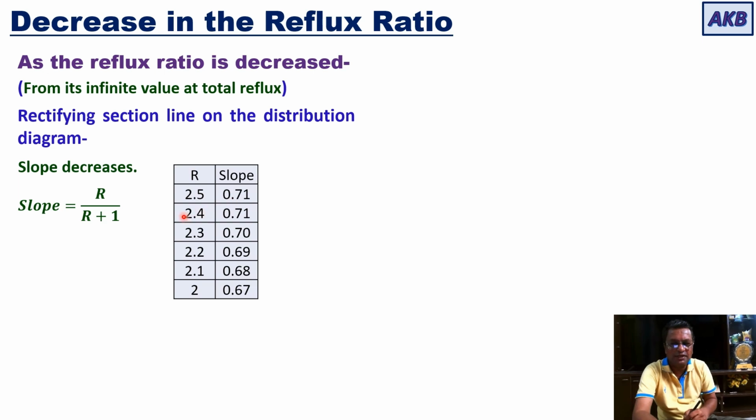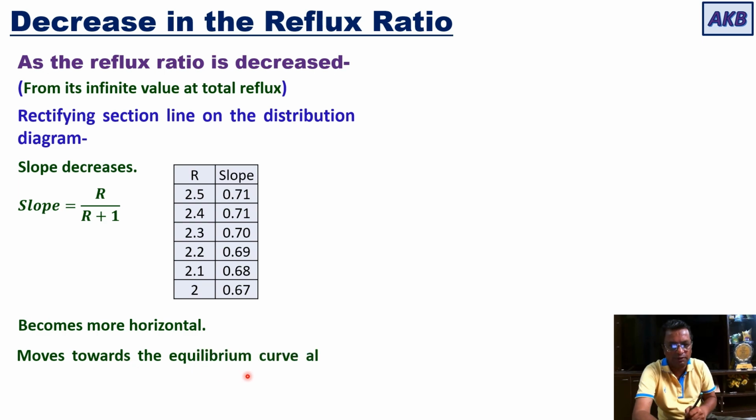You can easily observe that as the value of R is decreasing, slope is also decreasing. That means the rectifying section line is becoming more horizontal, and at the same time it is moving towards the equilibrium curve. This movement occurs along the q line. I will shortly show you how that happens.